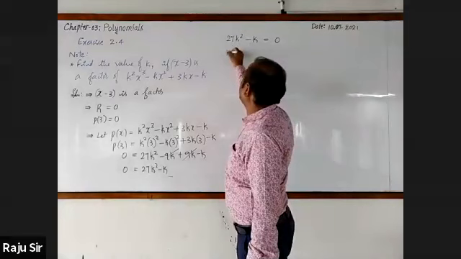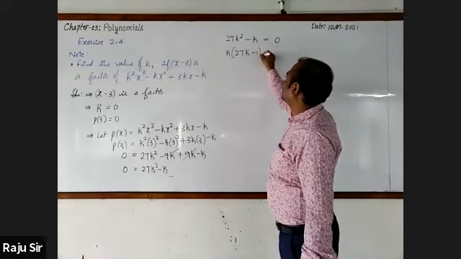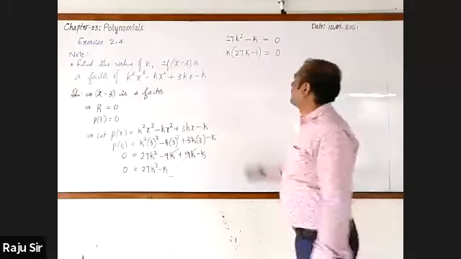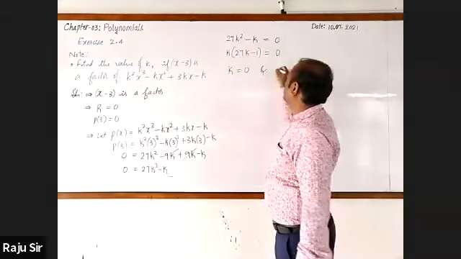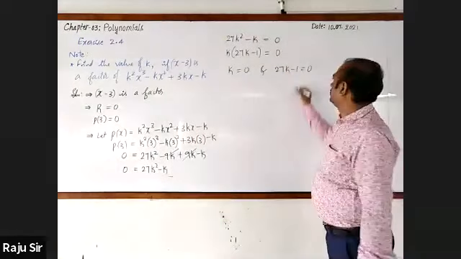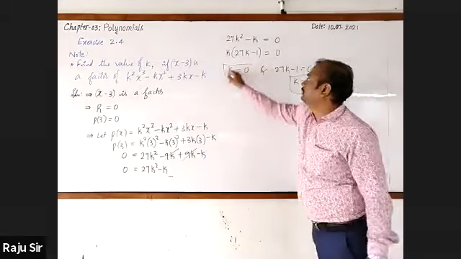Here, k is a common factor. This will be k into 27k minus 1 is equal to 0. So k is equal to 0, and equating 27k minus 1 to 0, k is equal to 1 by 27. So we got two values.